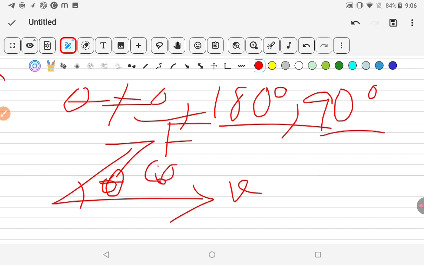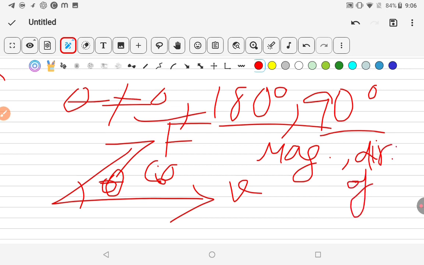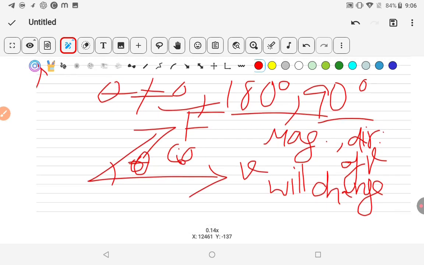Then the magnitude as well as direction of velocity will change. Alright, we understood this.